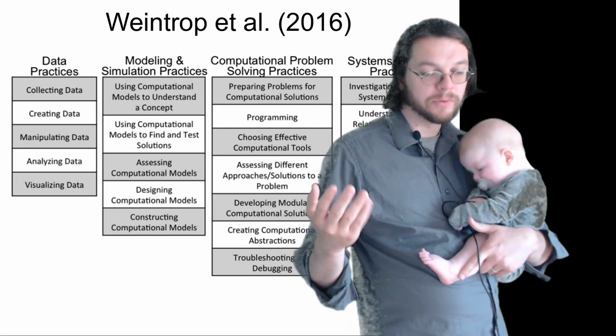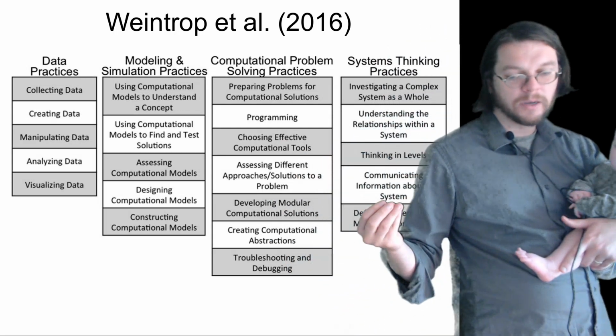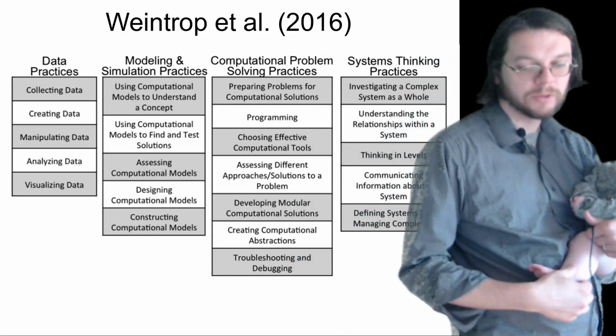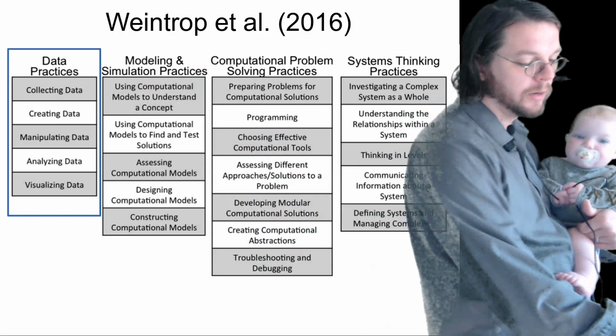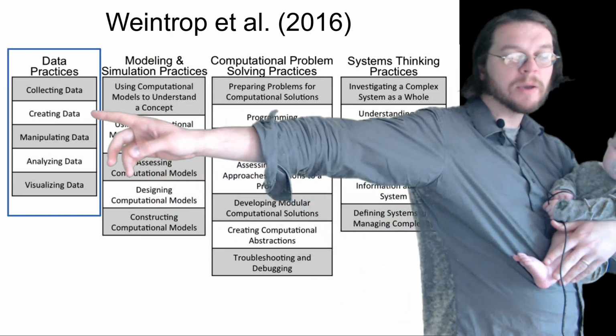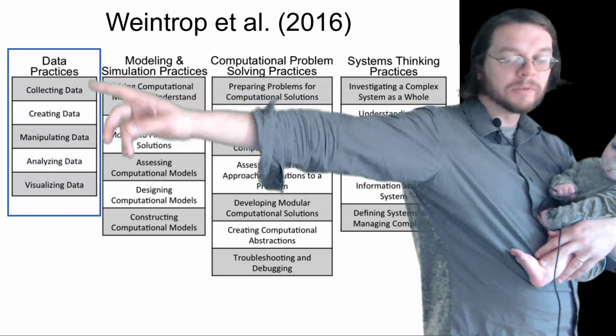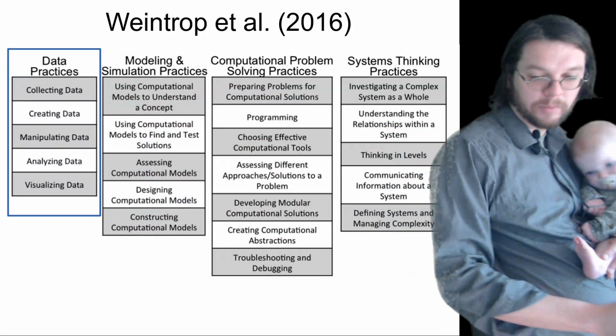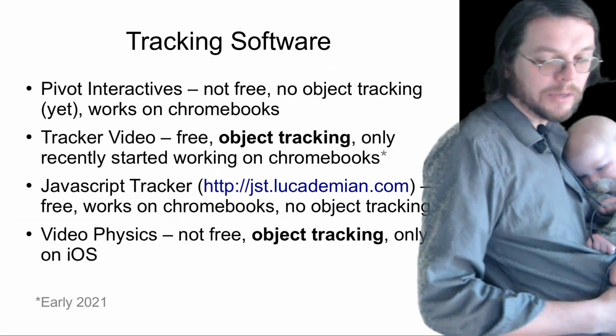In that paper they identify 4 different computational thinking practices, of which working with data here is one of the most important. And it's actually, if you read the paper, even more important than this figure from the paper suggests, and other people agree with us in that interpretation.